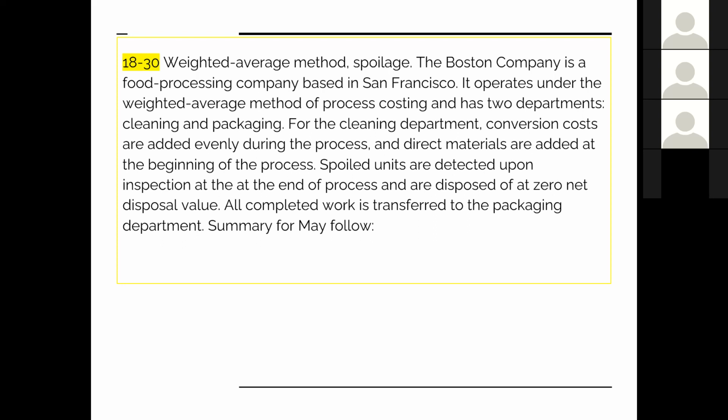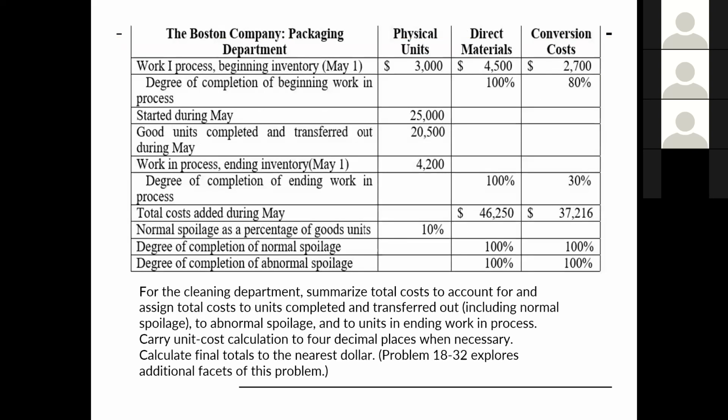Summary for me follow. Next will be read by my partner. Okay, the following is the Boston Company packaging department. Work in process beginning inventory May 1st, physical unit is 3,000.